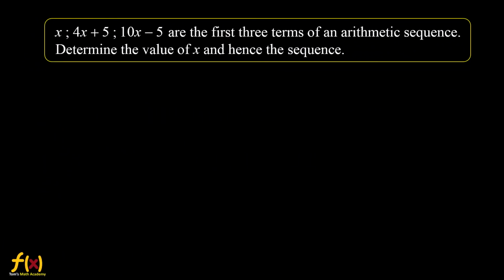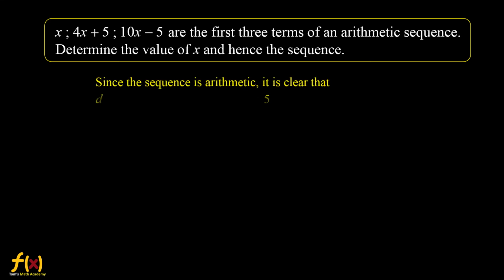x, 4x plus 5, 10x minus 5 are the first 3 terms of an arithmetic sequence. Determine the value of x and hence the sequence. So this is an arithmetic sequence.